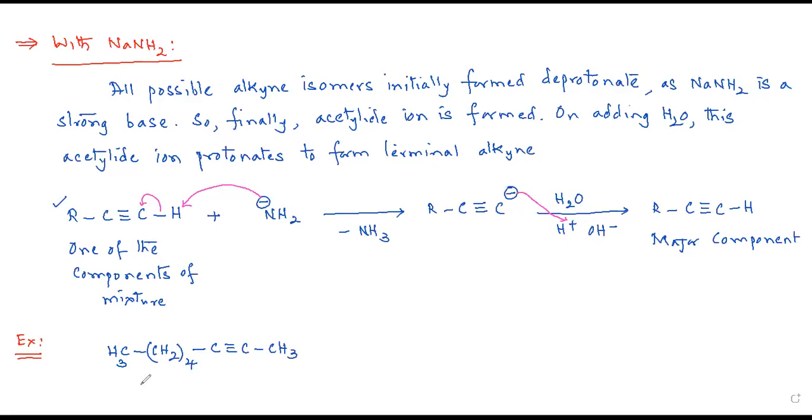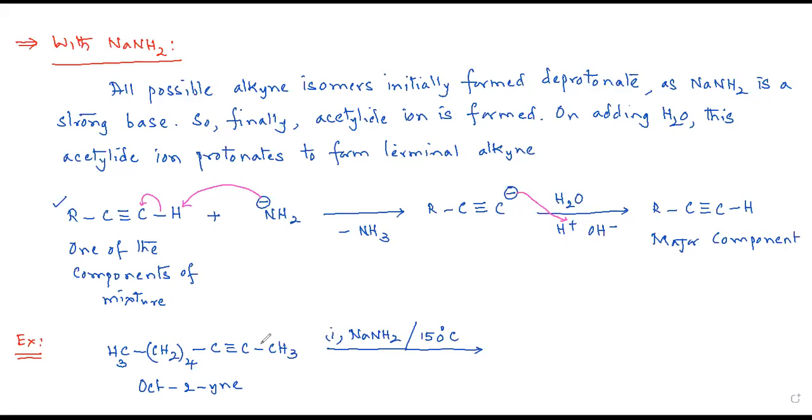Say this is oct-2-yne. Now when oct-2-yne is treated with sodium amide at a temperature of 150 degrees centigrade, initially we get a terminal alkyne.